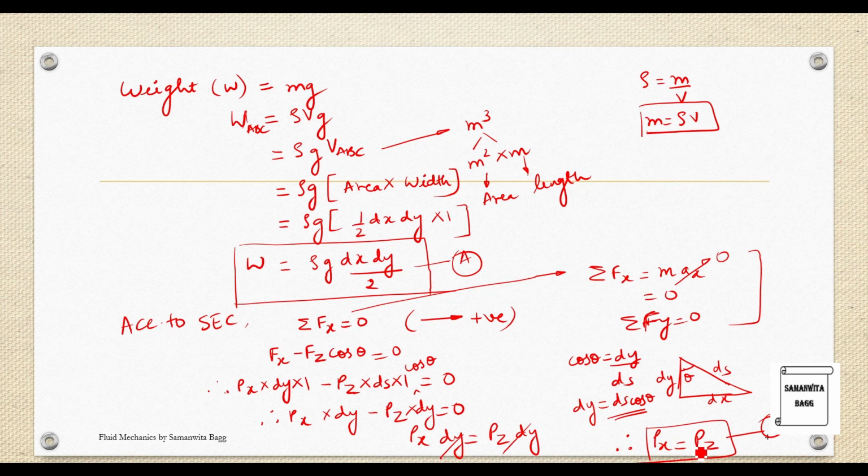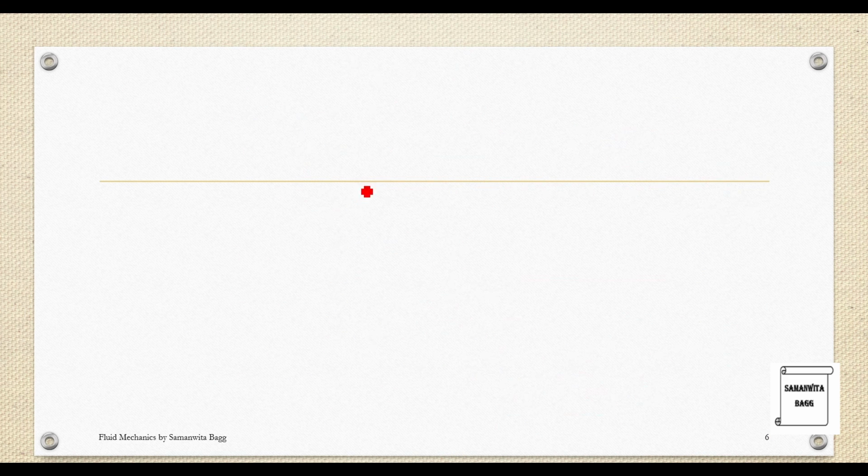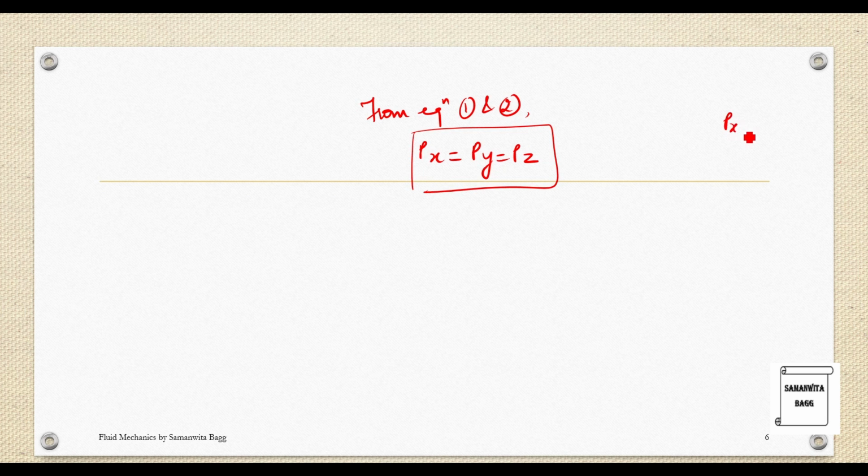So when you see equation 1 and 2, can I say from equation 1 and 2, I get Px is equal to Py is equal to Pz. You have Px is equal to Pz. You have Py is equal to Pz. If A is equal to C, if B is equal to C, can I say A is equal to B is equal to C?